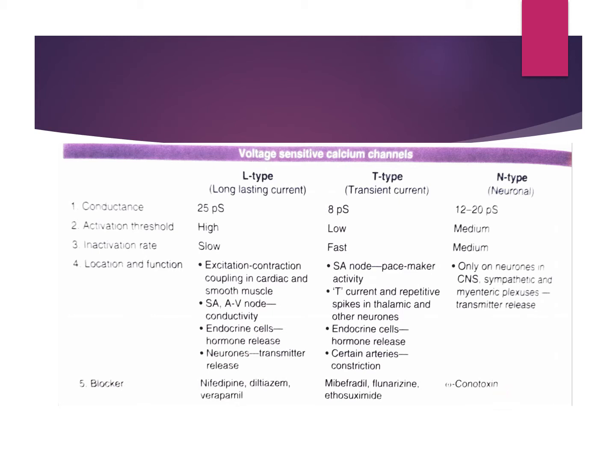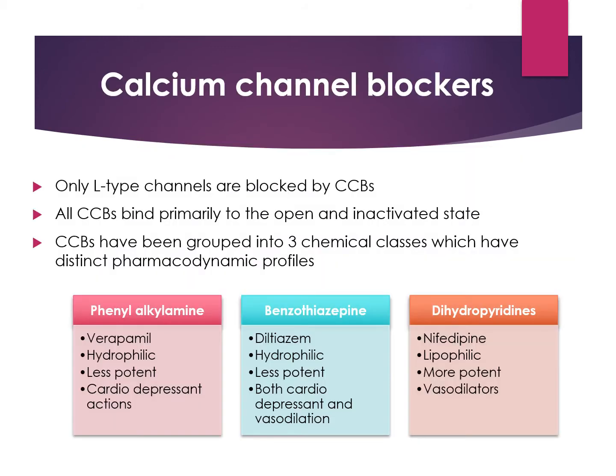In the current session, we will be focusing only on the L-type of calcium channels. So coming to calcium channel blockers, only L-type calcium channels are blocked by calcium channel blockers. All calcium channel blockers bind primarily to open or inactivated states of calcium channels, at each specific subtype.